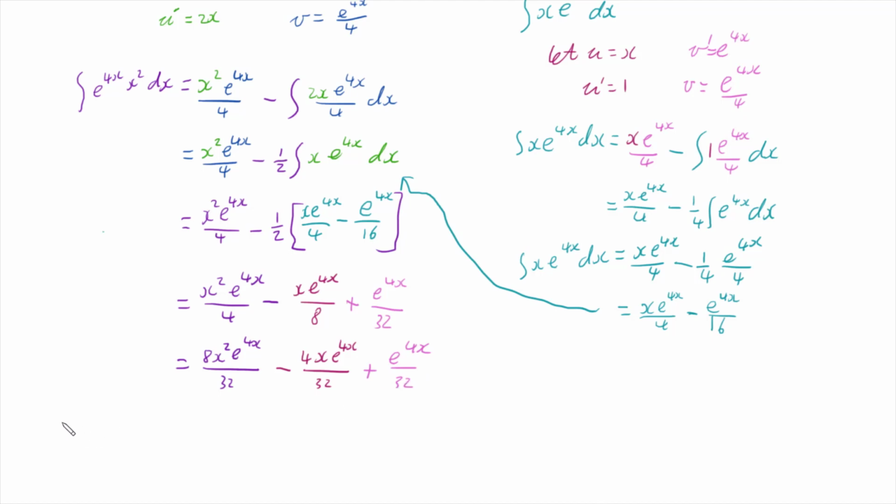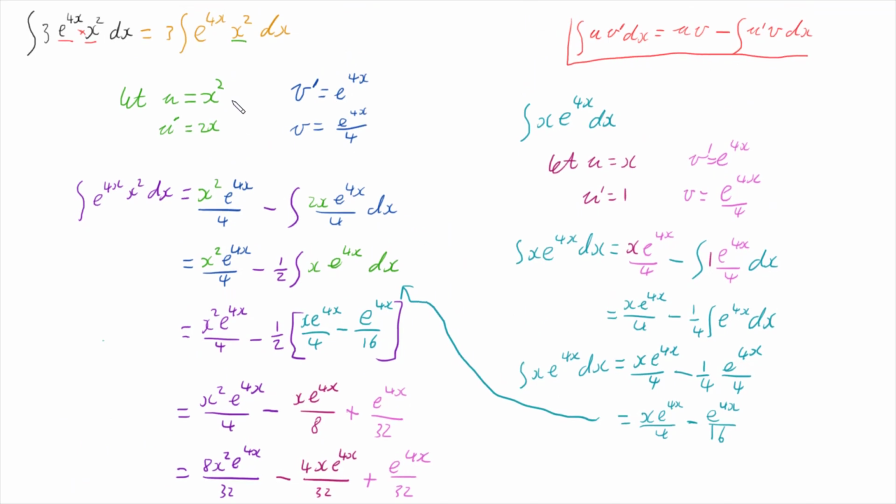So finally, this integral e to the 4x x squared dx is 8x squared e to the 4x minus 4x e to the 4x plus e to the 4x all over 32.